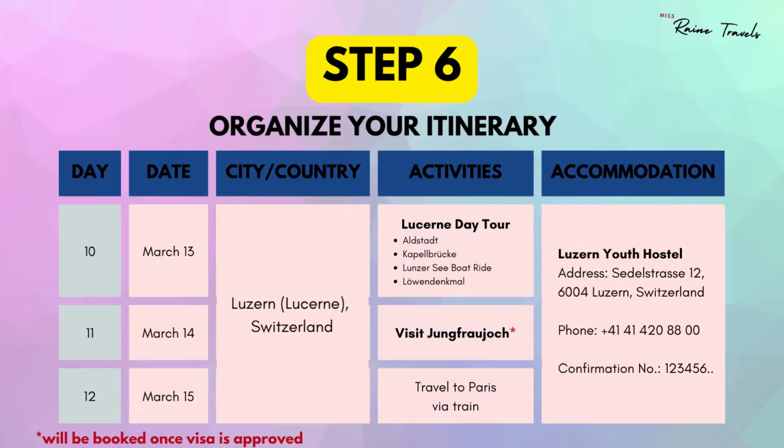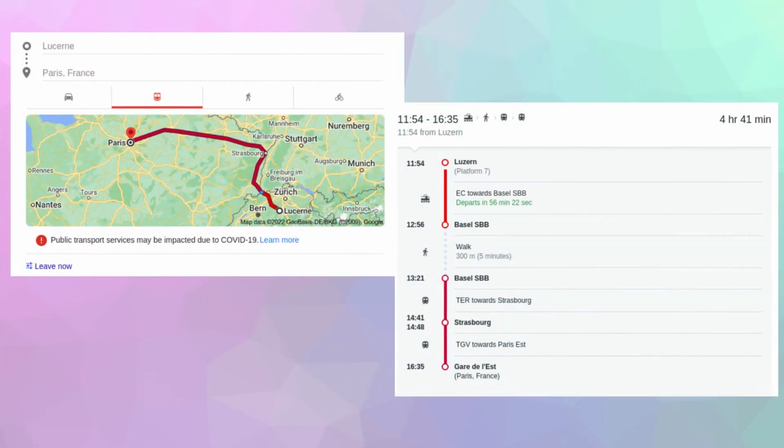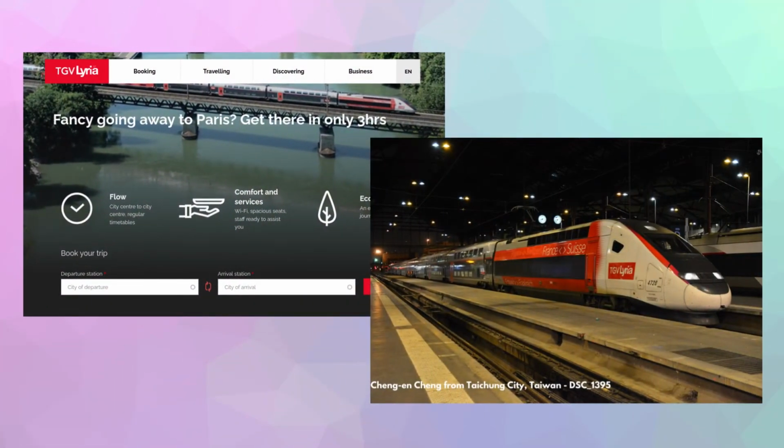For the train ride from Lucerne to Paris, there's actually no direct train route. I would either go back to Zurich or go to Basel, which is another city in Switzerland, to ride the TGV Lyria, which is a fast train going straight to Paris. Since there's no direct route, it would take around 5 hours from Lucerne to Paris.